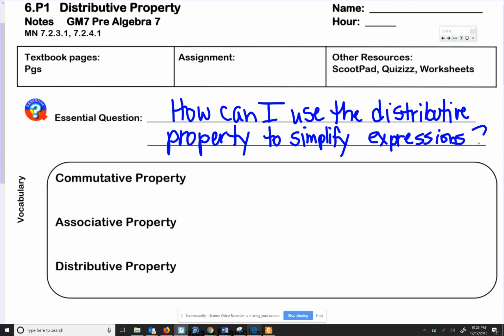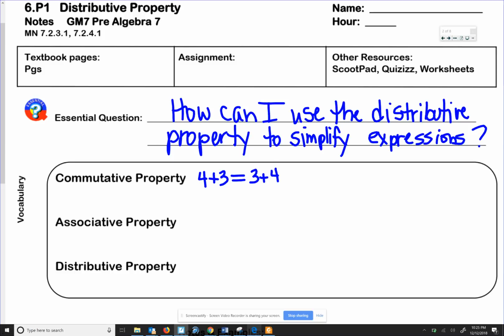Alrighty, question. All right, so we have to do a little bit of review on what commutative property and associative property are, and then we'll demonstrate what the distributive property is. So, commutative property, this is where we're saying things like 4 plus 3, which is 7, is the same value as 3 plus 4.